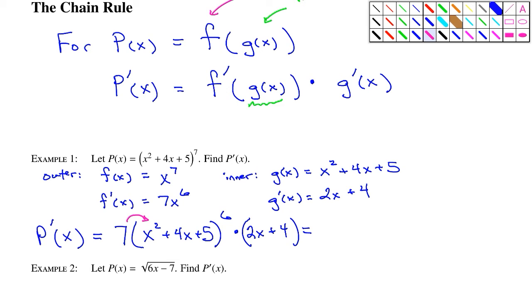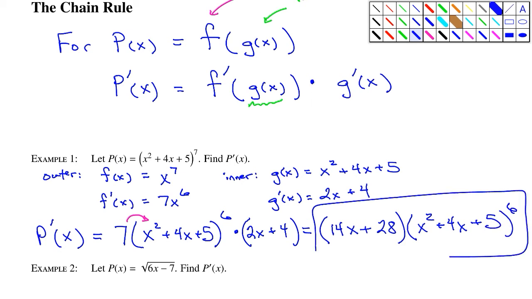You can, however, multiply the 7 and the 2x plus 4. So if I multiply that out, I get 14x plus 28 times x squared plus 4x plus 5 to the 6th. And that's the derivative. And that is the chain rule.